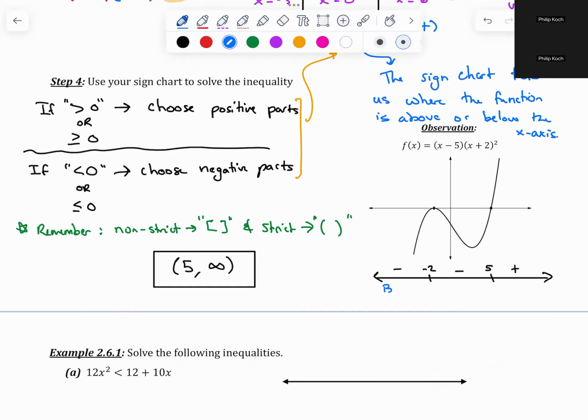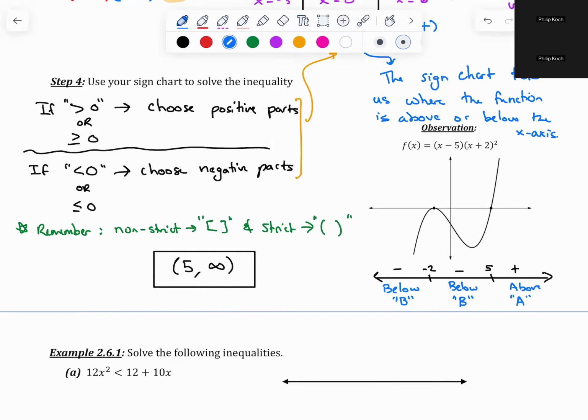That's below, which I'm going to write as a B, below, and above as A. I'd rather use the pluses and minuses personally because it's more mathy, but if you want to use B and A, that's fine too. Notice that before -2, you are below the x-axis. Between -2 and 5, you are below the x-axis. And only after 5 are you above the x-axis.